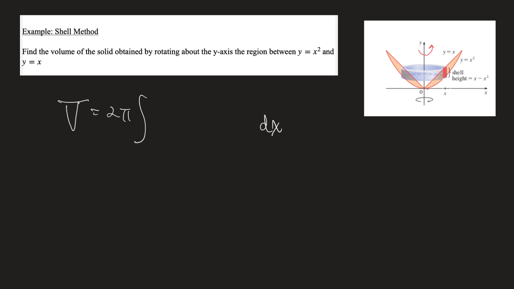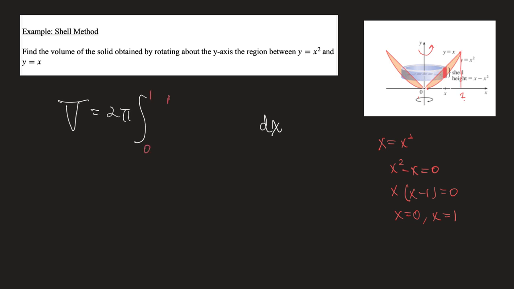Then the interval of x is 0 and 1, that's the intersection. How do you know, guys? You set x equals x squared, so x squared minus x equals 0. Common factor: x times x minus 1 equals 0, so x equals 0 and x equals 1. Here is 0 and 1.